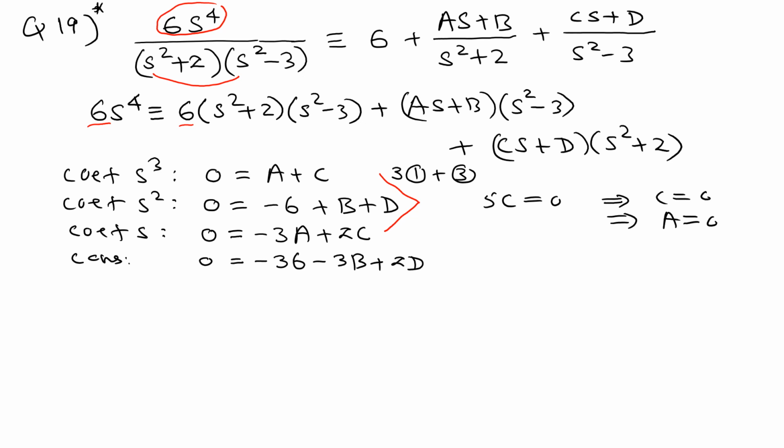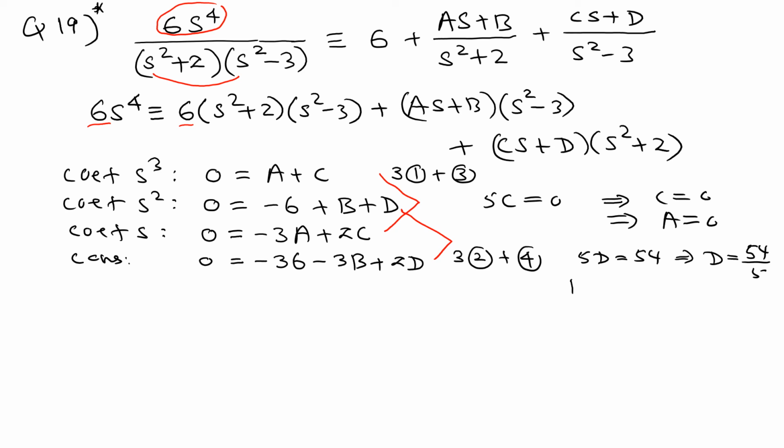So we're done with the first two, and then same with the second and the fourth. What you can do is you can multiply the first one by 3 and add it to the fourth one. So you get 5d equal 54, so d equals 54 over 5, and from that you can find b.